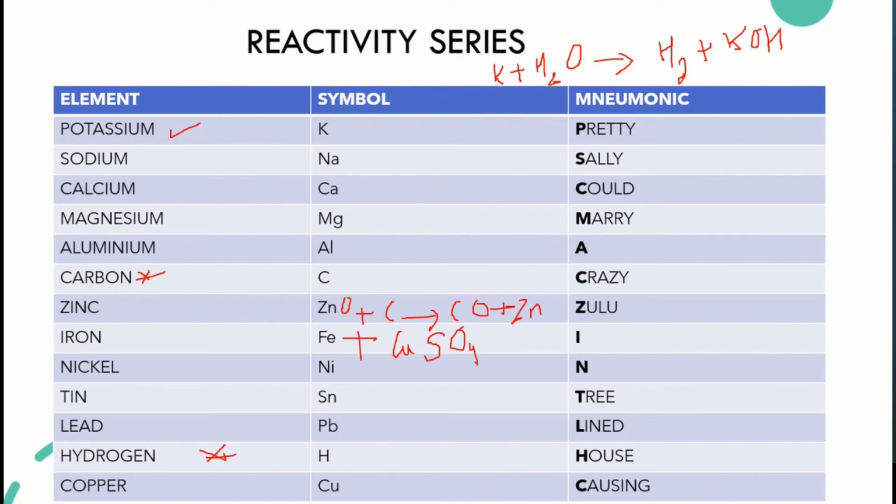It will give FeSO4 plus Cu, but we cannot write Cu plus FeSO4. So this reaction is not possible. This reaction does not take place. So the metal which is above can displace the metal which is below. That is, it can show a displacement reaction.